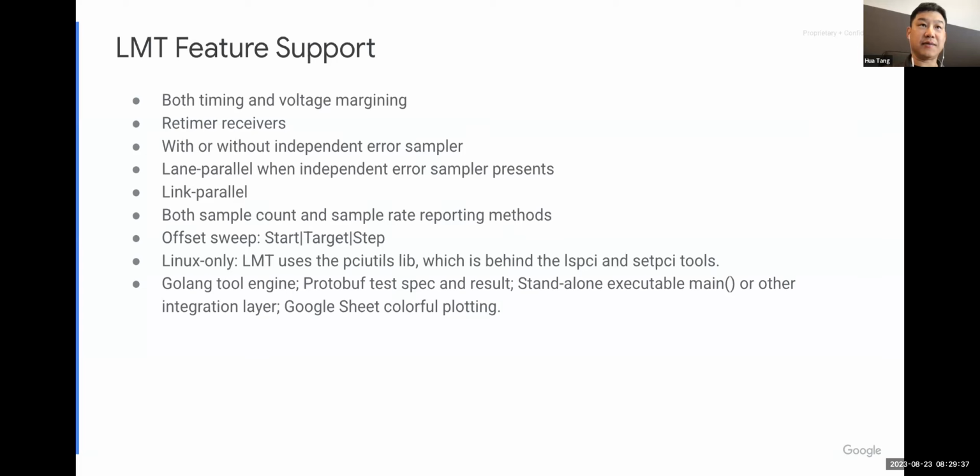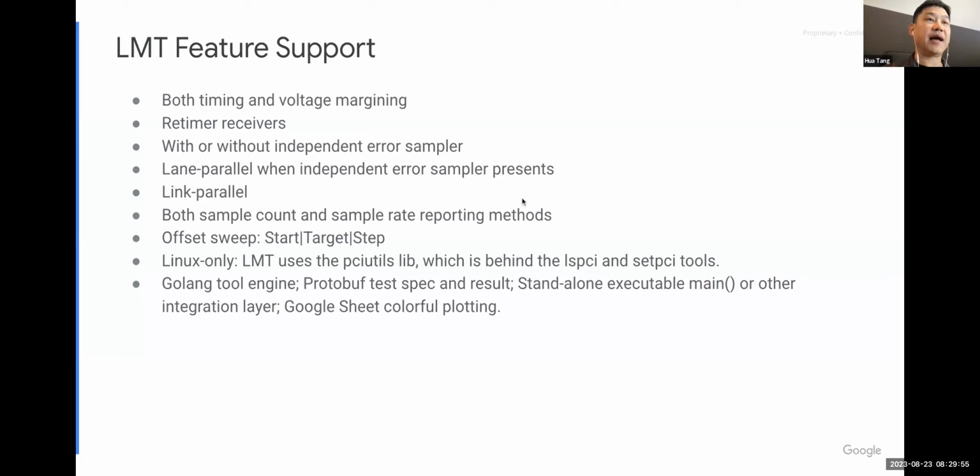Yeah, there's a sample count reporting method. PCIe 6 specifies two kinds, one's sample rates, one's sample count. I can support both and use that to calculate the bit error rate.